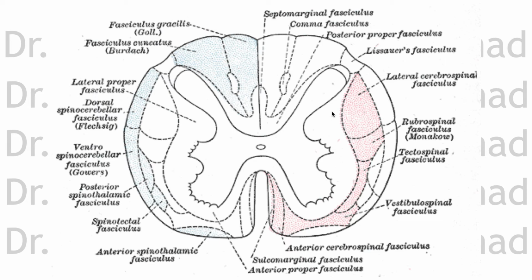This is called the fasciculus proprius. You can divide it into anterior part, lateral part, and posterior part. These are examples of short tracts that stretch through a few segments of the spinal cord, connecting them together.